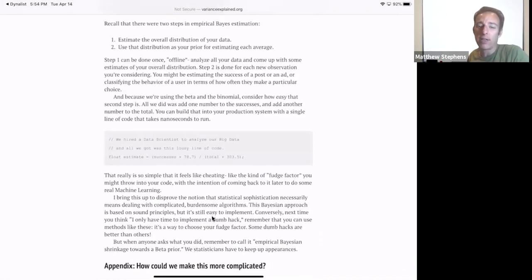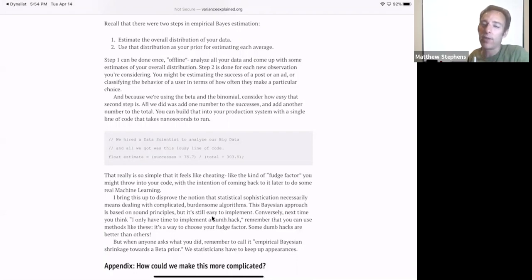Okay, so as Robinson points out, this is super easy, actually. It almost feels like cheating, but I think it gets at the essence of several key ideas. One key idea is we're going to estimate our prior from the data. We're going to use data on lots of baseball players to estimate what our prior should be on a baseball player's batting average. That's idea number one.